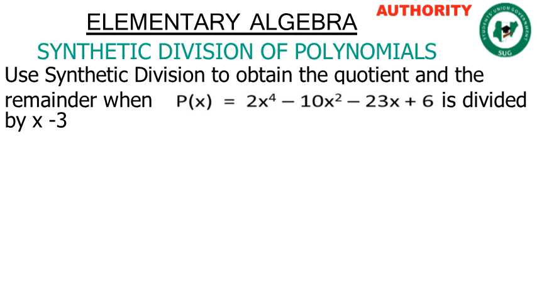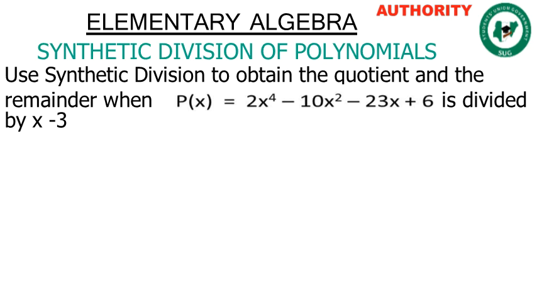Now we are going to add it. So this is what we are going to write: 2x raised to the power 4 plus 0x raised to the power 3 minus 10x raised to the power 2 minus 23x plus 6. You can see it, right? So this 0x raised to the power 3 is the same as it being missing.